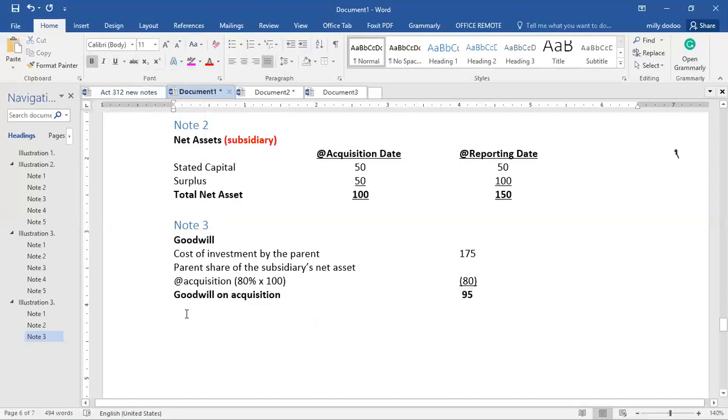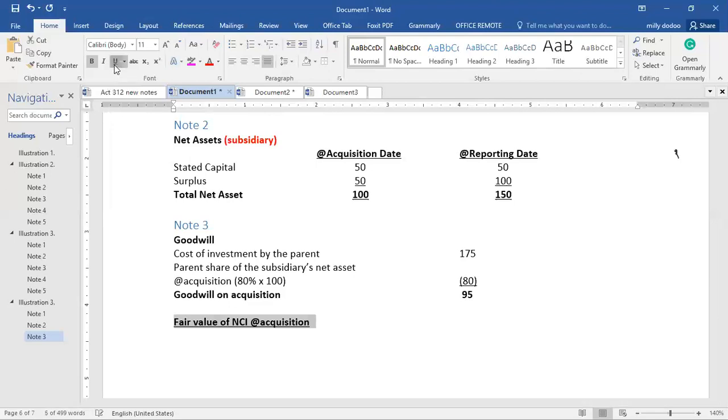Then you come on and say fair value of NCI at acquisition. You are given the fair value of NCI at acquisition to be 25 million.